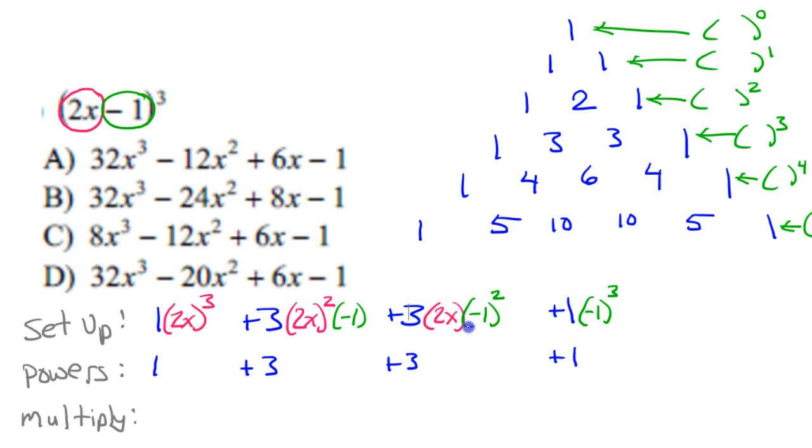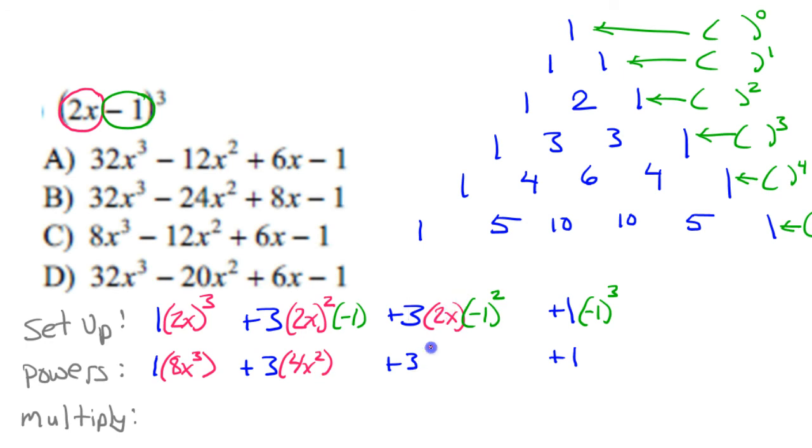Okay, I'll do the pink part first because this has power. So 2x to the third power. I've got to make sure I do 2 to the third power as well as x to the third power. So this is going to give me 8x to the third power. Alright, I've got to do 2 squared and x squared, so that's going to give me 4x squared.